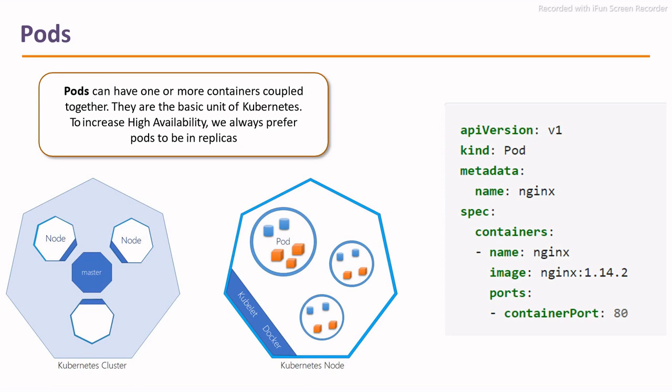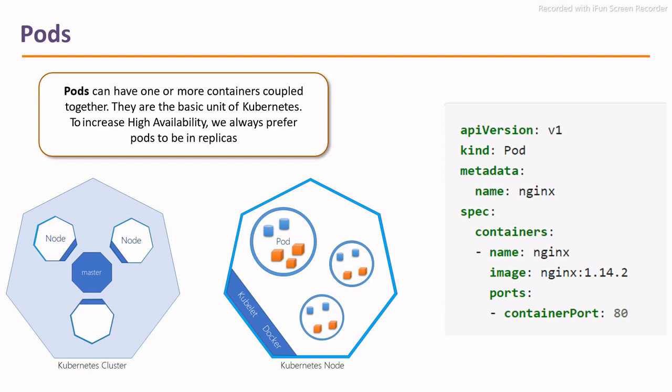Typically, a pod contains a single container or a few containers that are coupled into an application or a business function. For example, in the screenshot, you can see a pod which consists of a container running the image Nginx with a version of 1.14.2. In terms of Docker concepts, a pod is similar to a group of Docker containers with shared namespace and shared file system volumes.